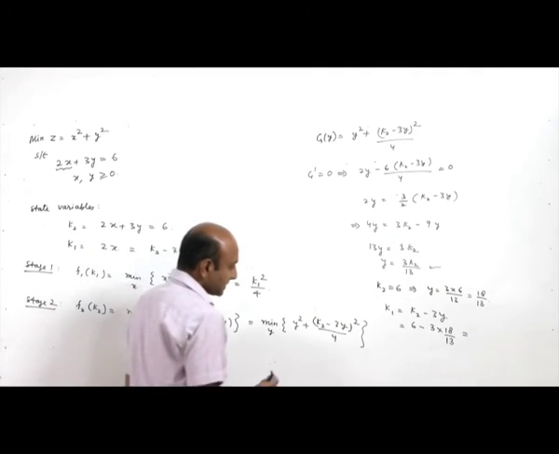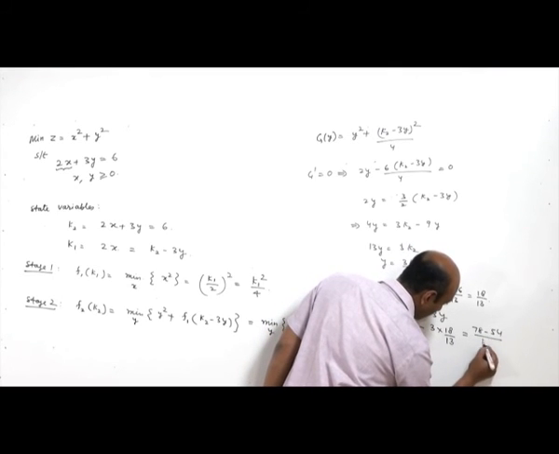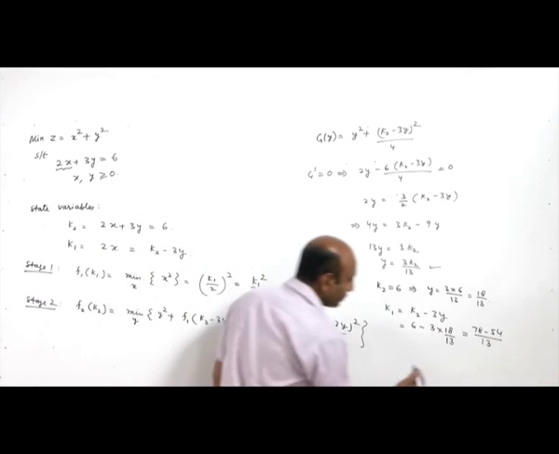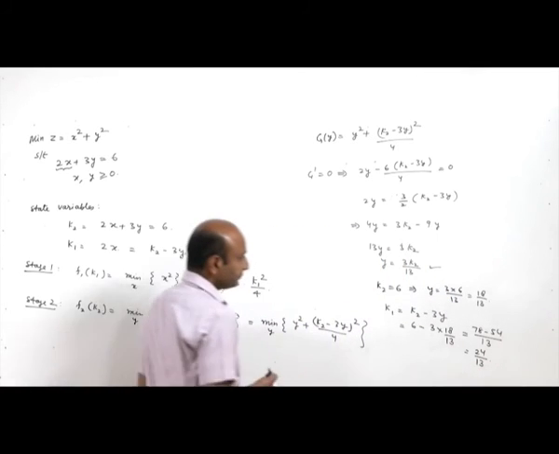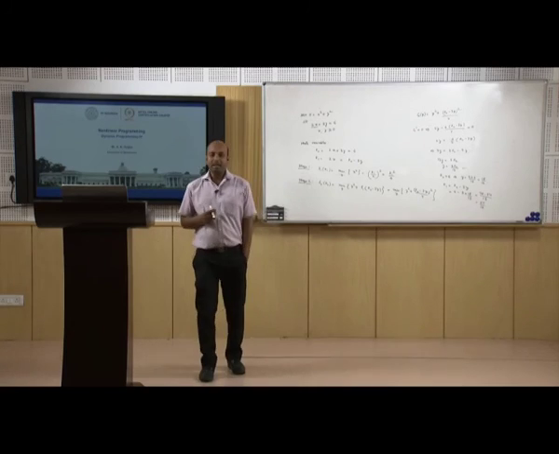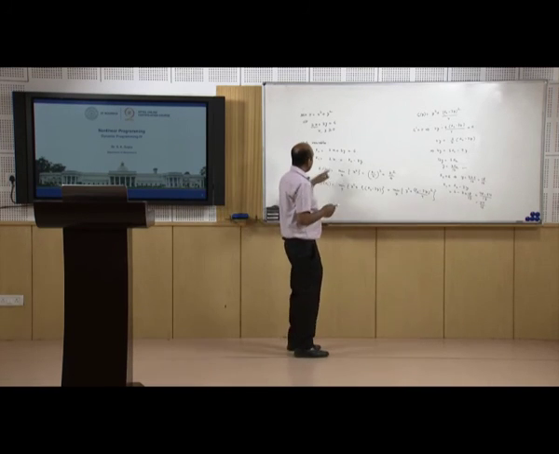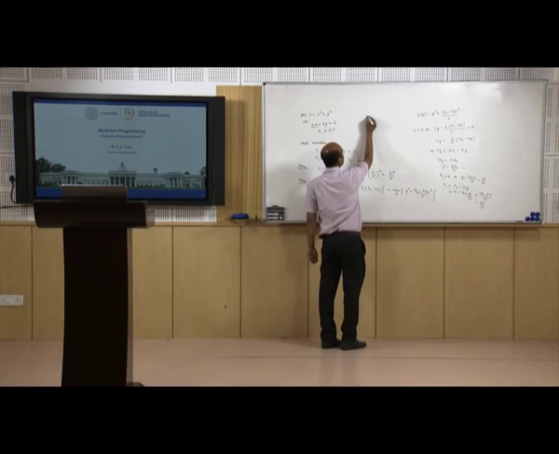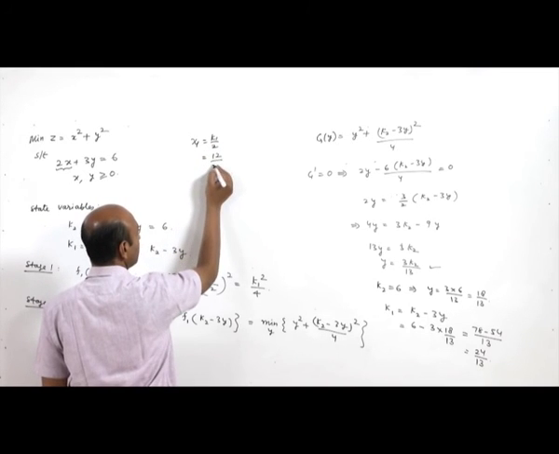That is equal to 78 minus 54 upon 13, which equals 24 upon 13. So that will be k1. And what will be x? x is k1 upon 2. So x will be 12 upon 13.